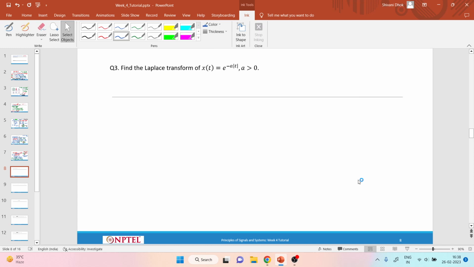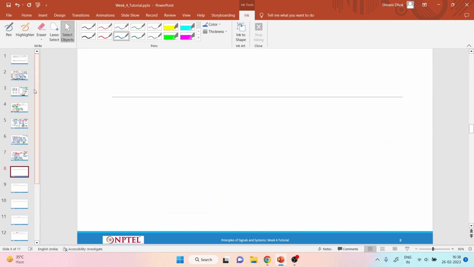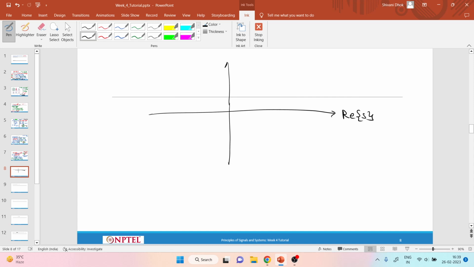A region can be a point, but for this question, let me draw that properly. Okay, this is your real part of s, this is your imaginary part of s, or let's say j omega, and this is your sigma. That is, my s is sigma plus j omega. Now for your x1 of t, what was your region of convergence?